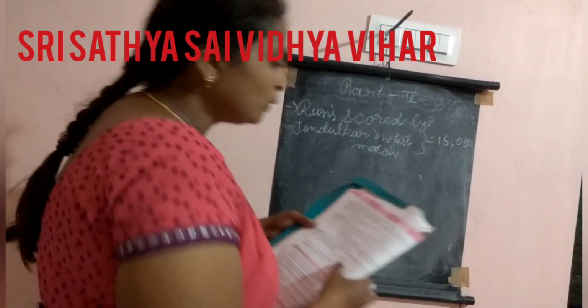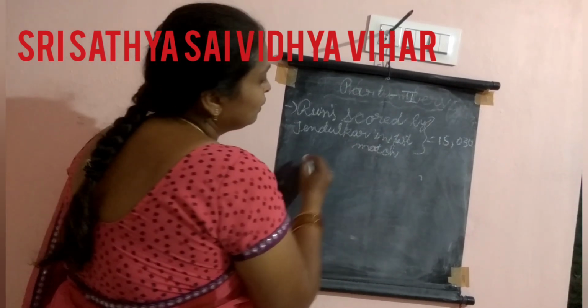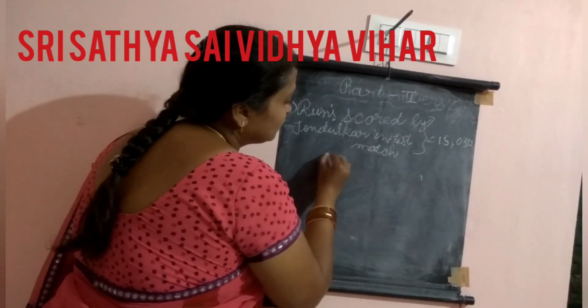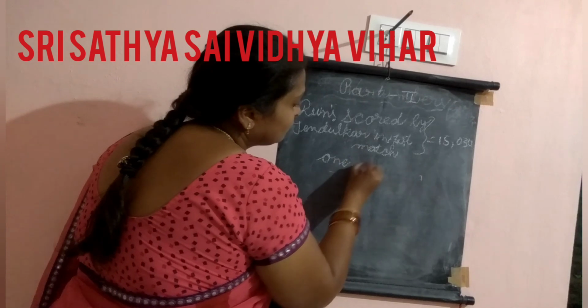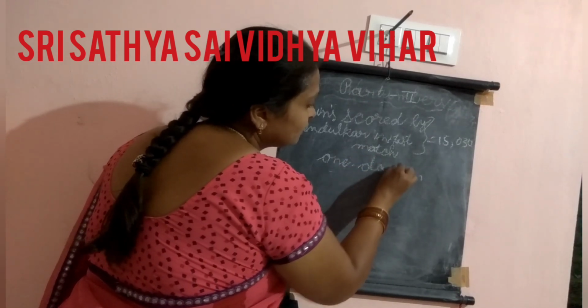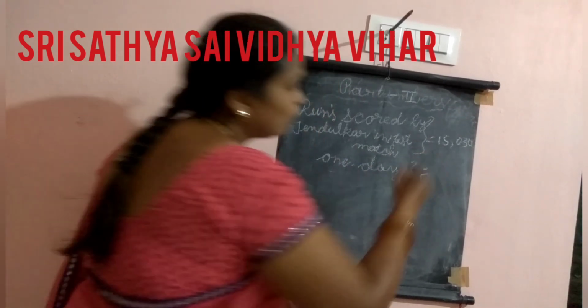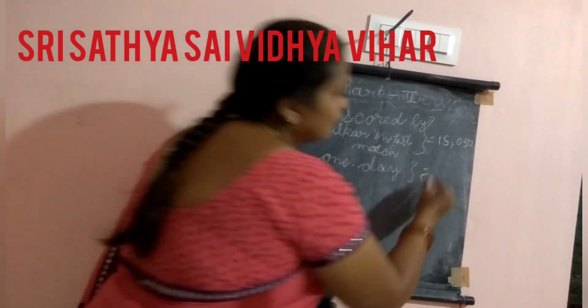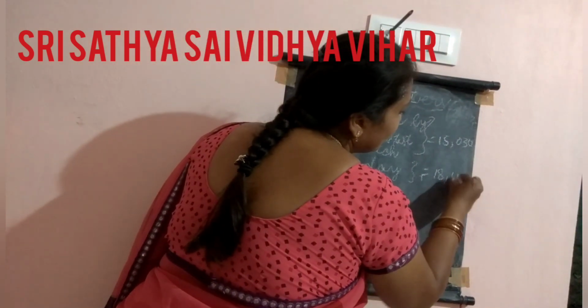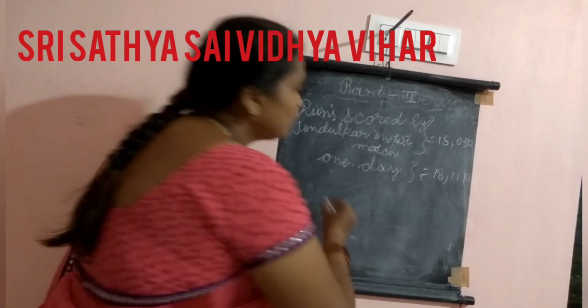And the runs scored in one day match, how many runs did he score? 18,111. Now we have to find the total score.